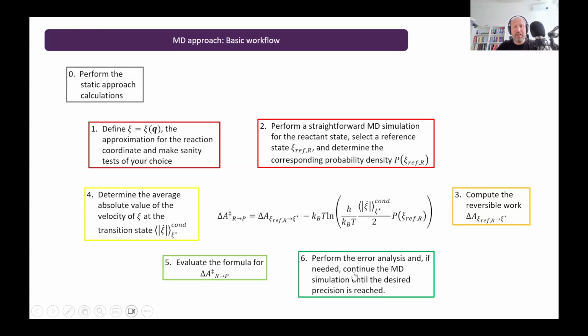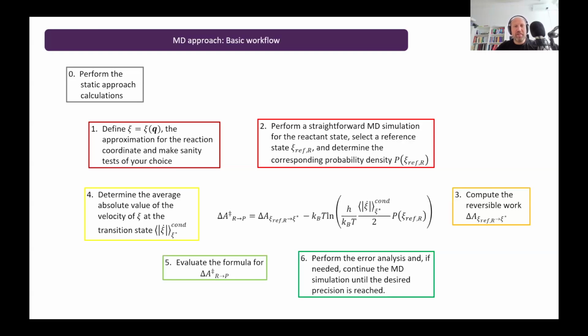And finally, it is good practice, again not absolutely necessary, to also evaluate the statistical error. The thing is that, unlike in the static approach, in molecular dynamics we are working with statistical data. All the results are obtained as ensemble averages, which of course are determined only up to some uncertainty, right?